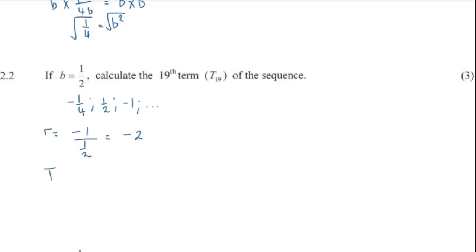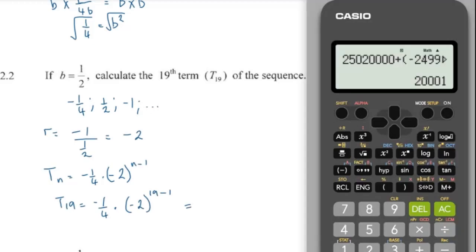So the general term T of n is going to be equal to negative 1 over 4 times negative 2 to the power of n minus 1. So term 19 just becomes negative 1 over 4 times negative 2 to the power of 19 minus 1, which we're just going to do on the calculator.